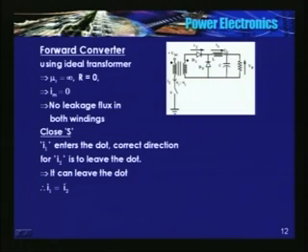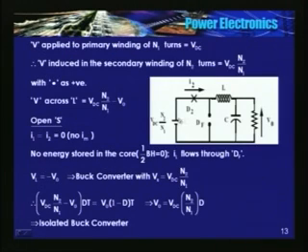Why does it increase? See here, a DC voltage is being applied here. So I2 increases slightly depending upon L and dt. Voltage appearing across the inductor is VDC into N2 divided by N1 minus V0.